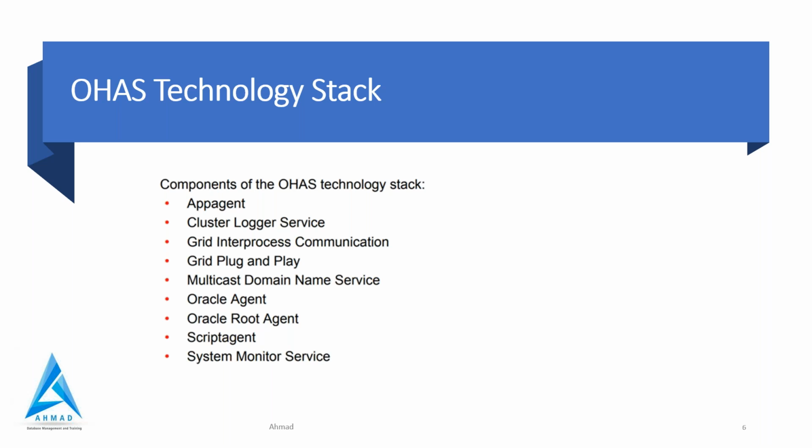This process manages daemons that run as the Oracle clusterware owner, like GIPC and GPNPD daemons. And Oracle root agent is a process that helps CRSD manage resources owned by root, such as CHM, cluster health monitor, a very important service or component.